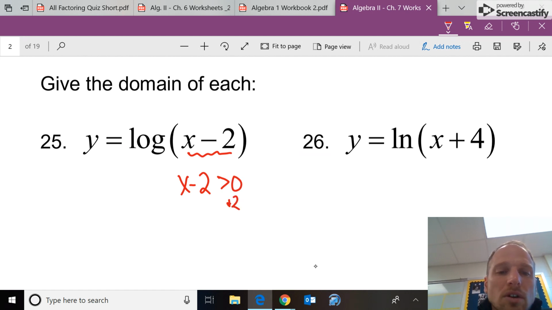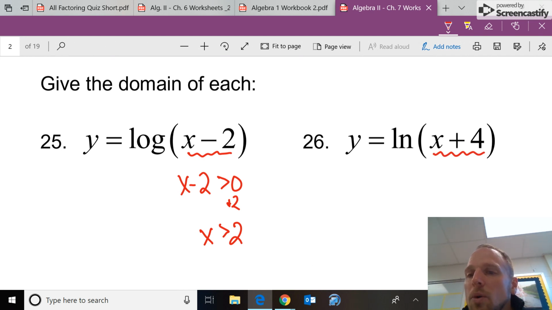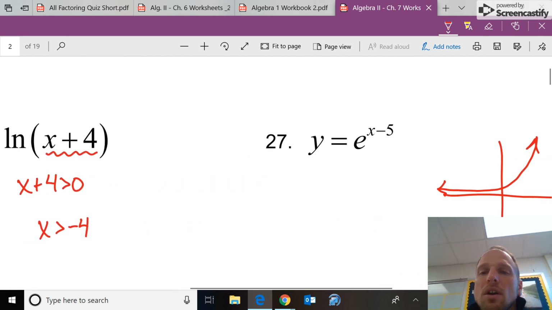Add the 2 over. So the domain of this is x is greater than, not 0, x is greater than 2. All right, same thing for natural logs. All we have to do is say that x plus 4 has to be greater than 0. So subtract the 4. We're going to be x is greater than negative 4.